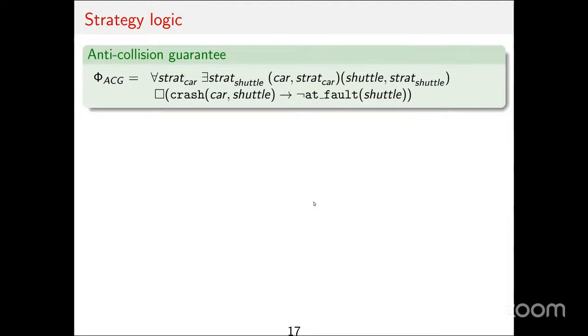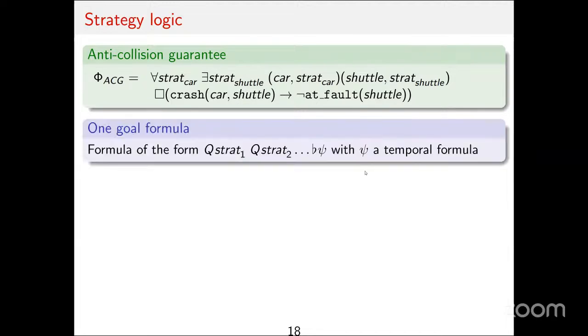And this kind of formula where you have first quantifiers, then a binding, and then an LTL formula is what we call a one-goal formula. And it's a specific subpart of the logic that is really relevant for the rest of the talk, and it's also the first thing you can think about when thinking about strategic reasoning and requirements. It's simple.